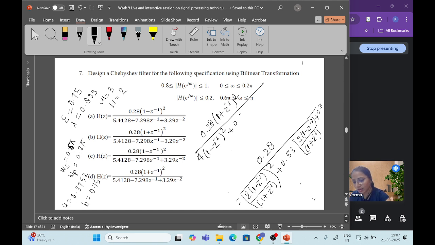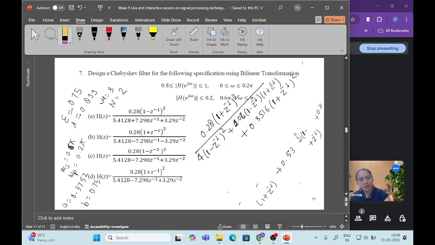So now if you multiply it, you will get 1.06 into (1 minus z inverse)(1 plus z inverse). Okay, so here 1 plus z inverse square, so one 1 plus z inverse cancels out and one will remain here. Okay, plus 0.3516 into (1 plus z inverse) square. Okay, this is the whole part.